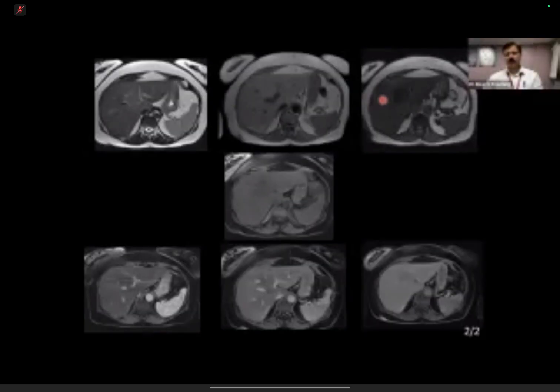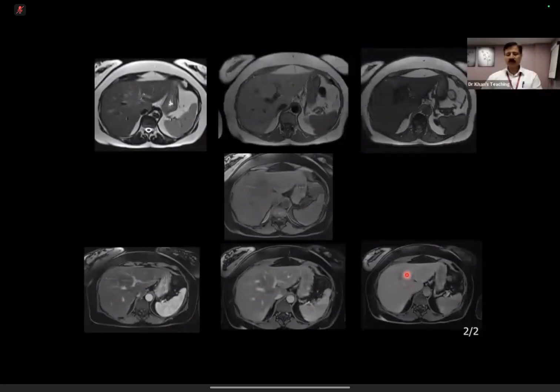But with this, you are absolutely confident. Please remember, on the post-contrast and fat-saturated T1, still the appearance is similar to what we got on the CT scan. So this tells you the importance of this sequence. Here, this really increases your confidence to 100%.